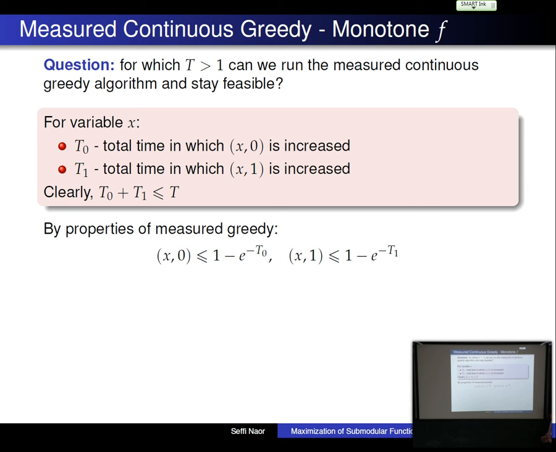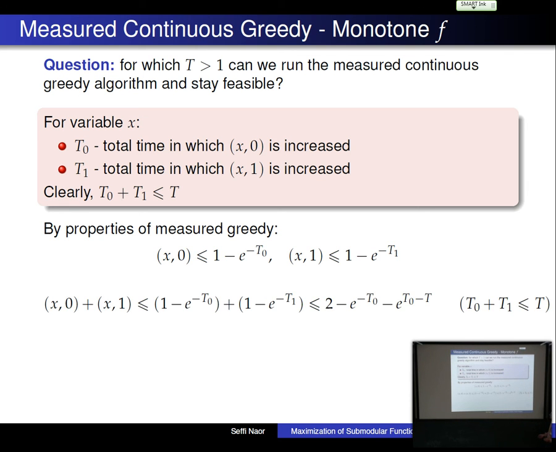Now, by the properties of the measured greedy, each one of these is upper bounded by this value. Now, we need to have the matroid constraint that x,0 plus x,1 is less than or equal to 1.